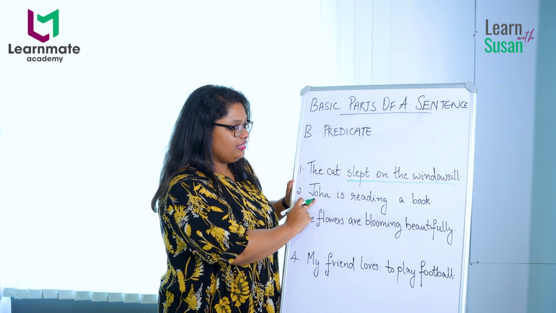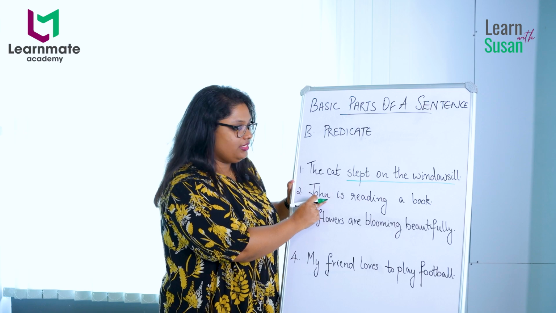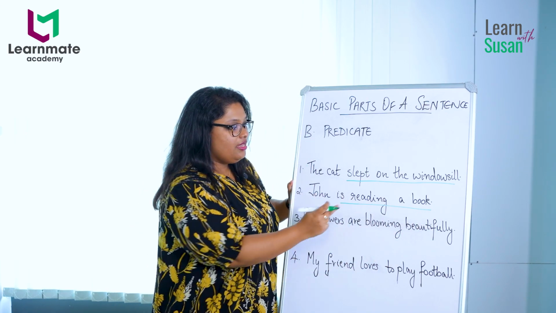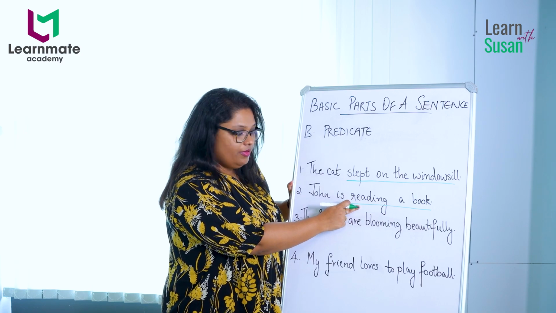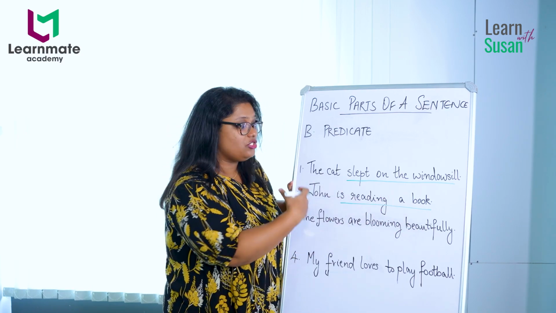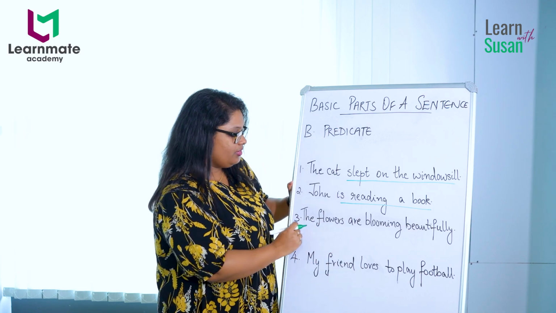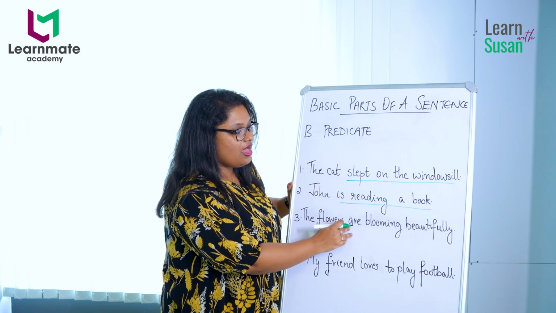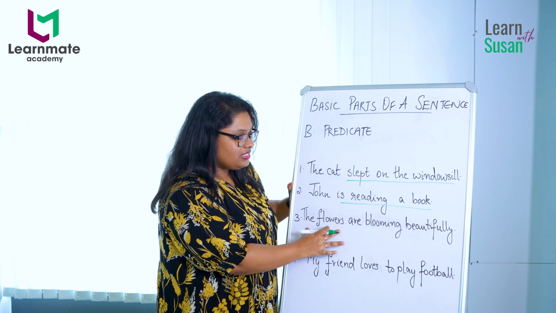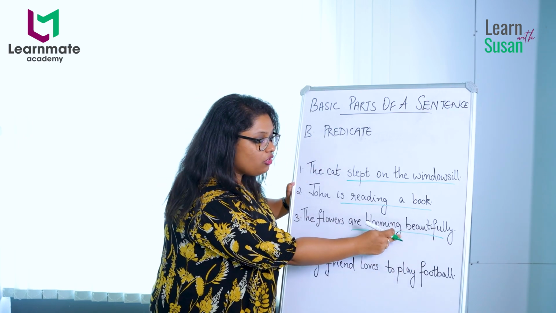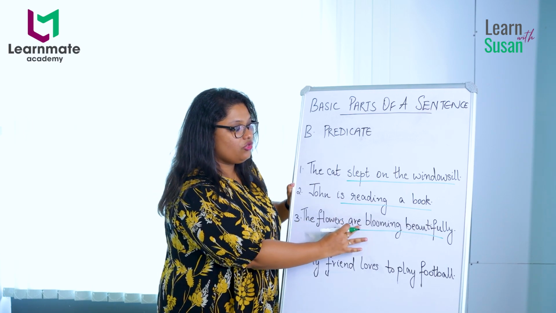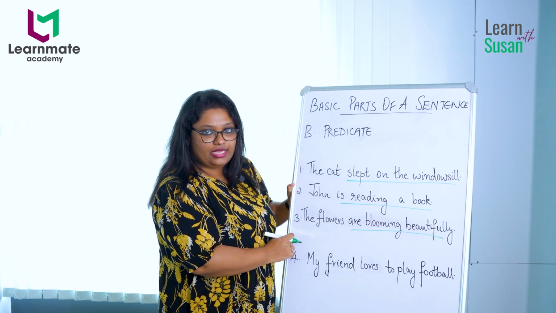In the second sentence, John is the subject, and the rest of the sentence becomes the predicate because it has a verb. John is reading a book. So he is doing something, he is reading a book. The third one, the flowers are blooming beautifully. The flowers is the subject, and this becomes the predicate.